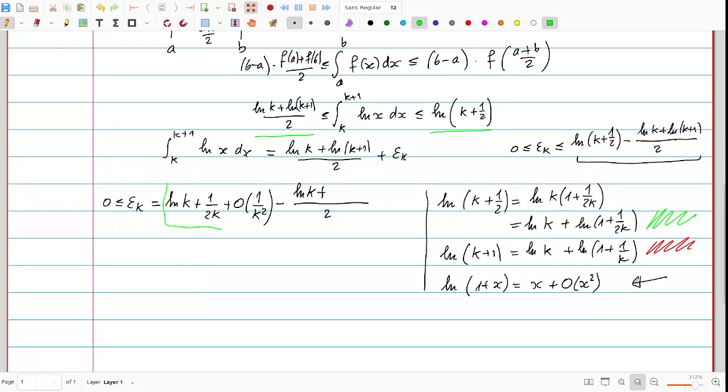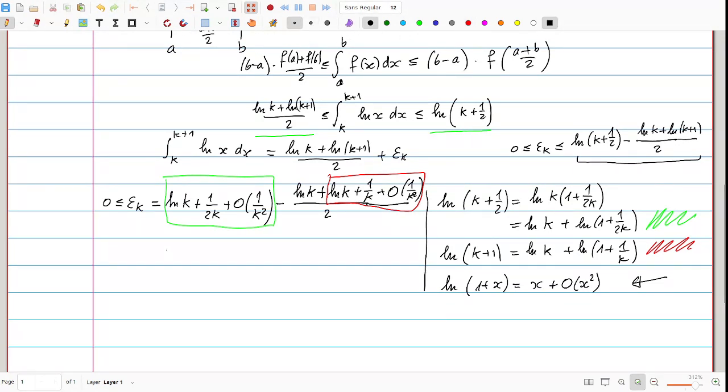So here we have used the green one, and now we use the red one, and we get the logarithm of k plus 1 over k plus big O of 1 over k squared, and this is the red formula.